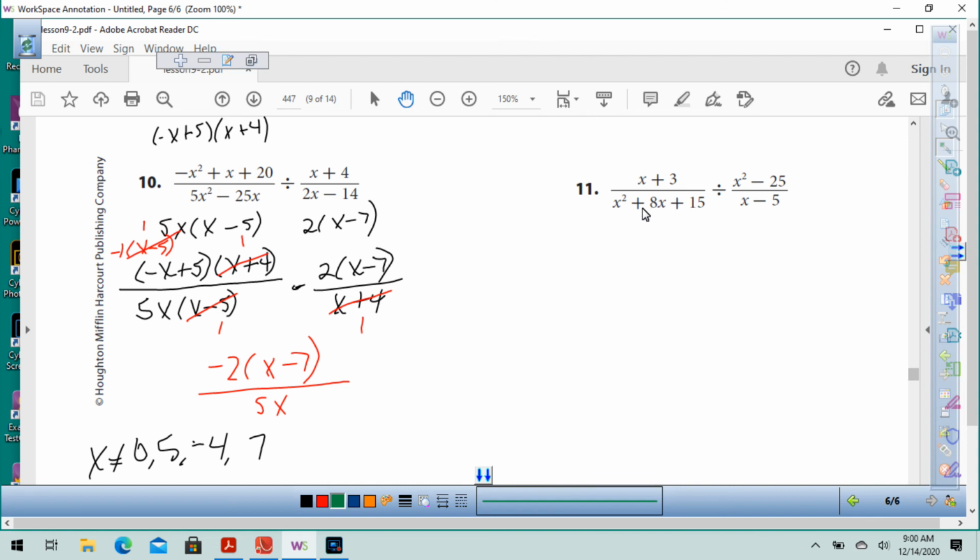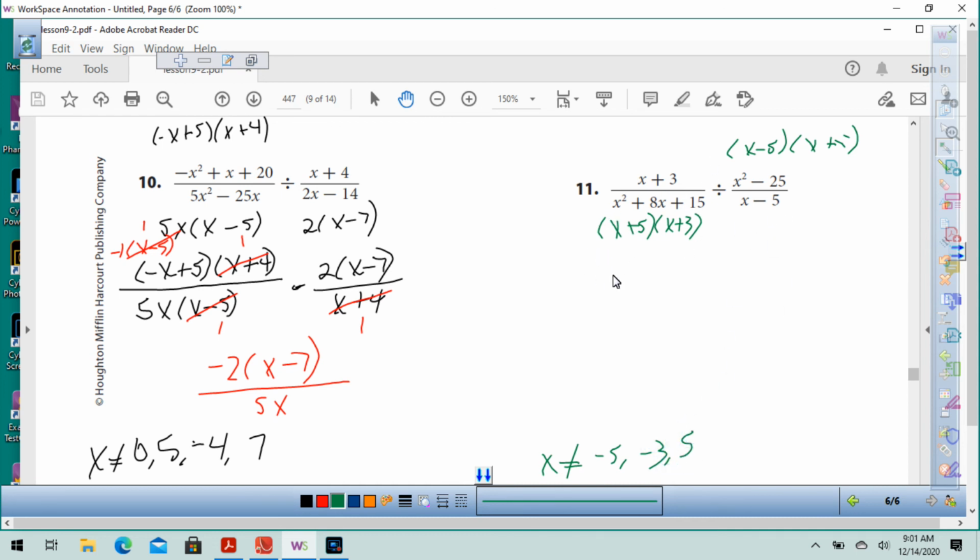5 and 3 is 15, 5 and 3 is 8, so x plus 5 times x plus 3, and that's just x minus, this is a difference of perfect squares, so we got x minus 5 times x plus 5, and those will stay the same. So excluded values, x cannot equal negative 5, negative 3, and positive 5.